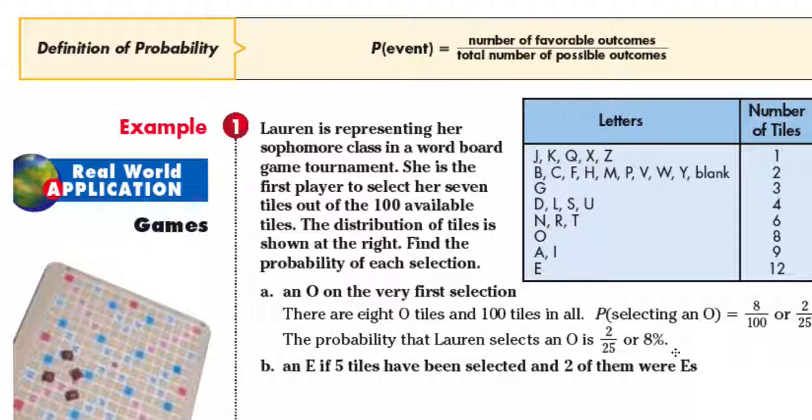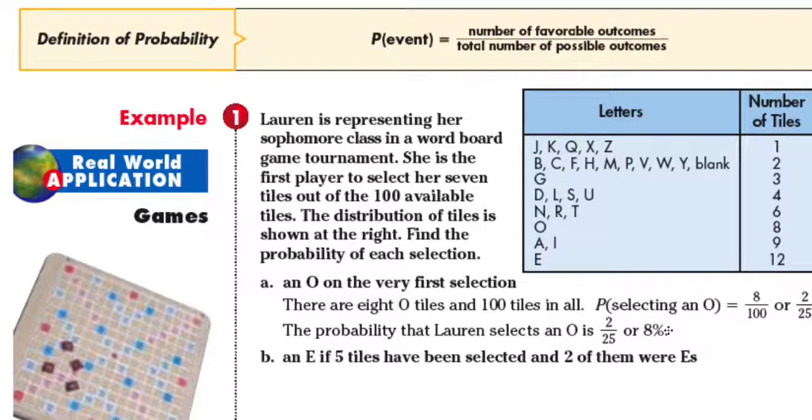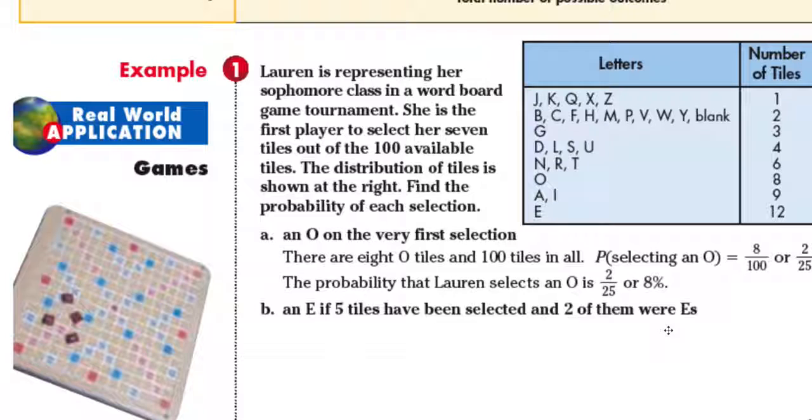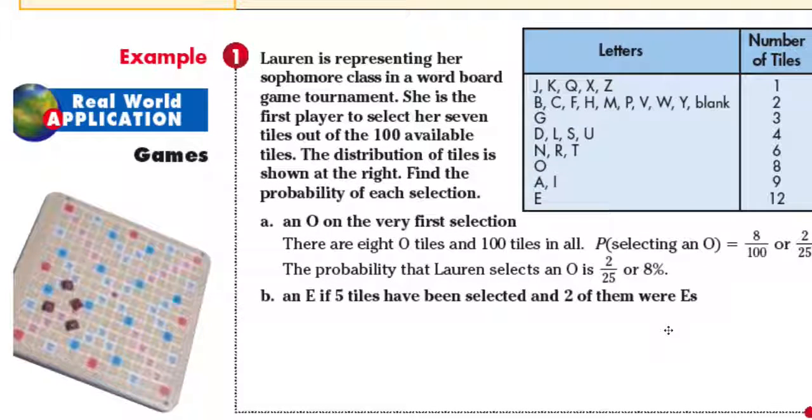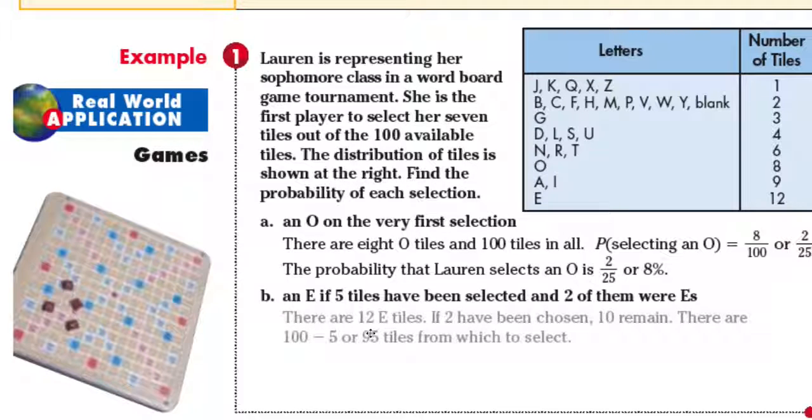Let's take a look at the probability of selecting an E, if 5 tiles have been selected and 2 of them were already E's. Again, there are 12 E tiles. If 2 of them have been chosen, 10 will remain in the pile. There are 100 minus 5, or 95 tiles left from which to select.